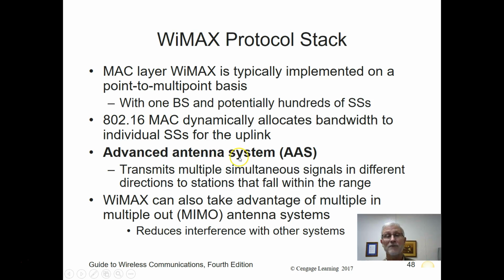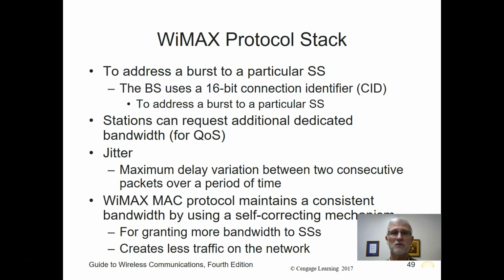With the advanced antenna system, multiple signals transmit over different directions to the stations that fall within a certain range. So WiMAX can take advantage of MIMO, multiple in, multiple out antenna systems, which of course reduces interference with other networks. To address bursts, it can use a 16-bit connection identifier.